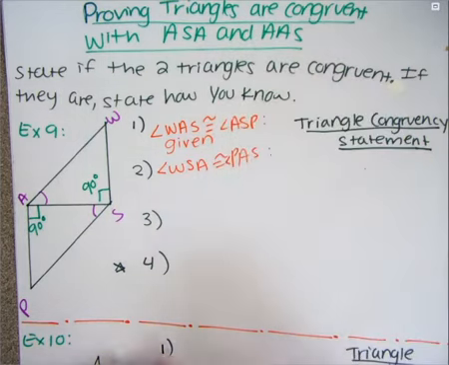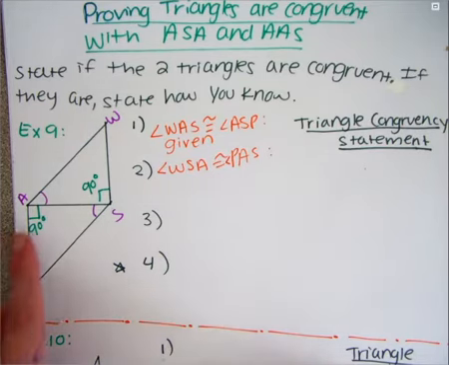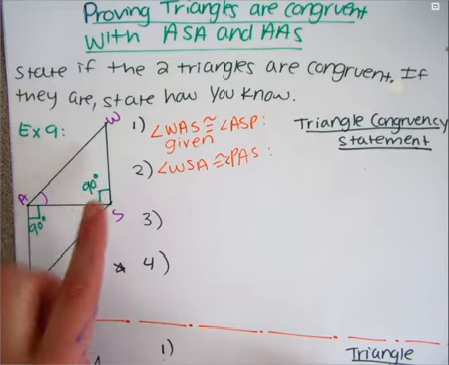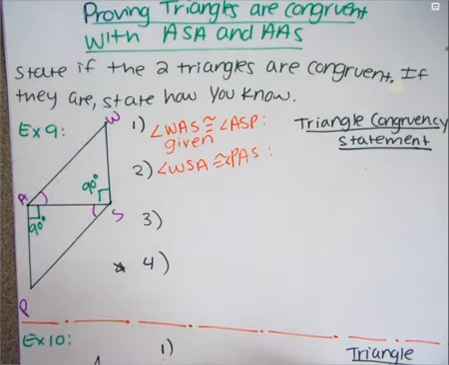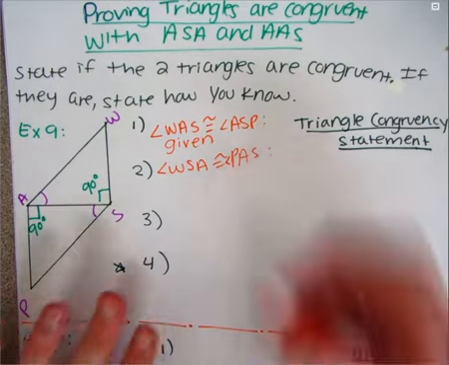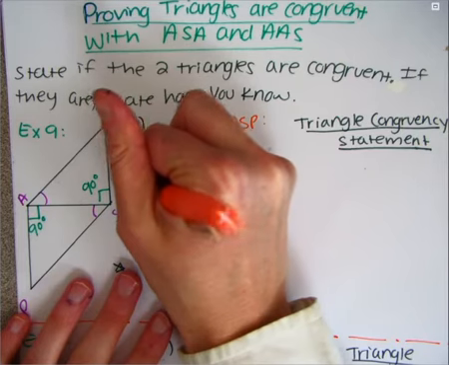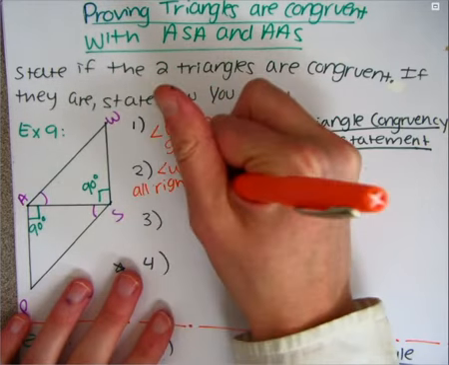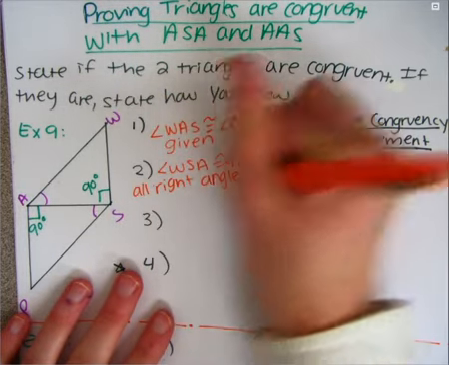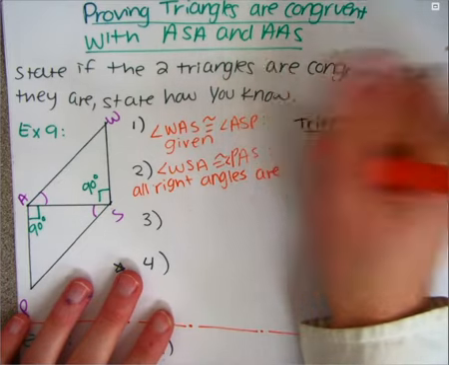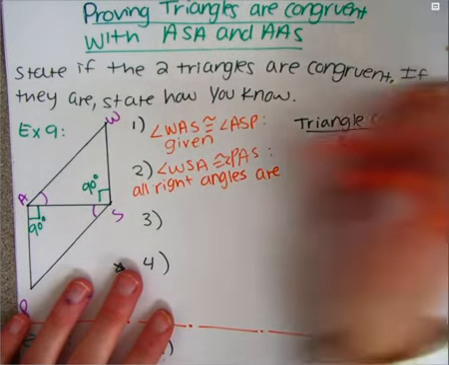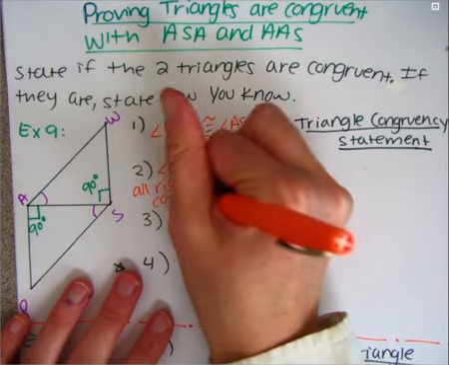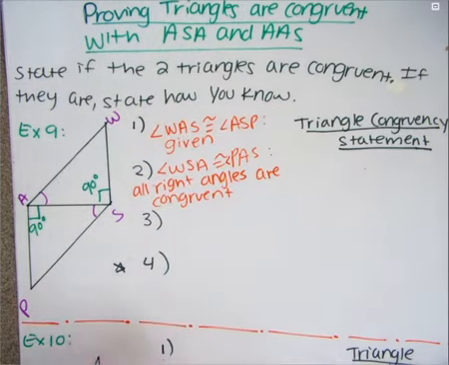And this time it's not because it was given. What was given to me was the fact that they were 90-degree angles. So on this one, you guys, we know that right angles are congruent because they're all 90 degrees. So this one's not a given. This one's going to be: all right angles are congruent. I'm kind of out of space, so I'll squeeze it in down here. Okay, here we go. All right angles are congruent.